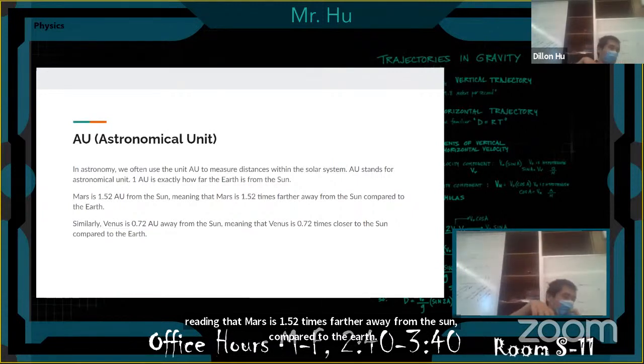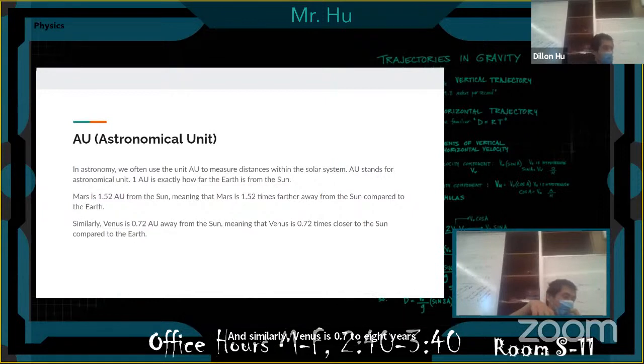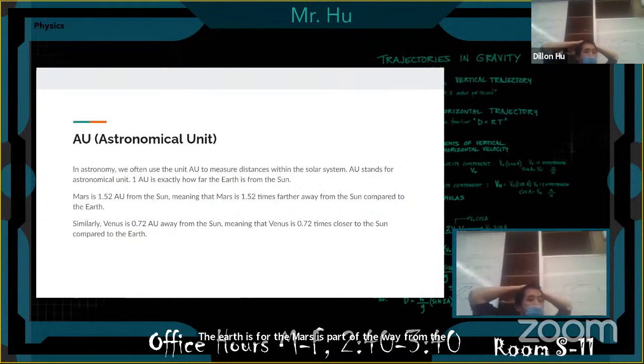Similarly, Venus is 0.72 AU from the sun, which means that Venus is closer to the sun than Earth by a little bit.